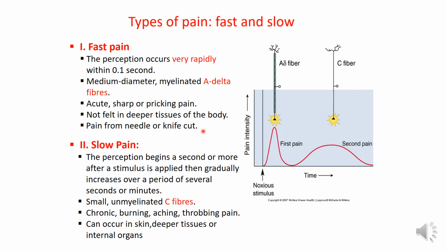It allows you to move your hand or the part of the body exposed to the injury away by the withdrawal reflex. Another type of pain is the slow pain, which is carried by the C fibers. It usually appears after 1 second and lasts for a long time. It is usually chronic, burning, aching, or throbbing.